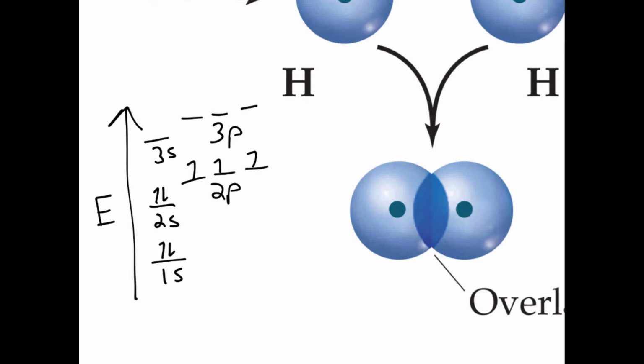That isn't going to change in molecular orbital theory. In fact, the only thing that we are going to change in molecular orbital theory is where these orbitals are and what they look like.